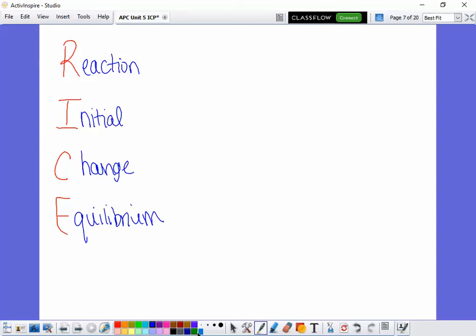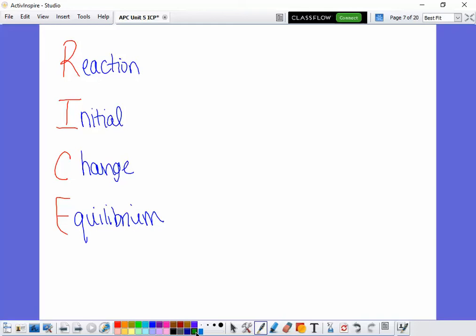Now a few things about some of these words. Initial is talking about the initial amounts of your reactants and products. Remember, when you were writing equilibrium expressions, what types of units can you put in for your equilibrium expression? When you're calculating the constant, what types of values can you put in for your amounts for your substances?